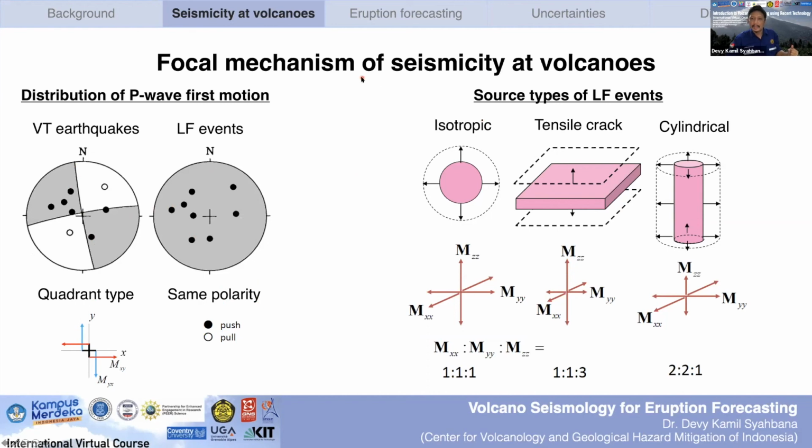And then the source types of these LF events can be in the forms of an isotropic source, or tensile cracks, or cylindrical. So it depends on different volcanoes. It may differ. It's not always the same. But these are the three main source types of LF events that we recognize at the moment. And like tornillo, something like that. I have done the modeling for these tensile cracks in the tornillo.